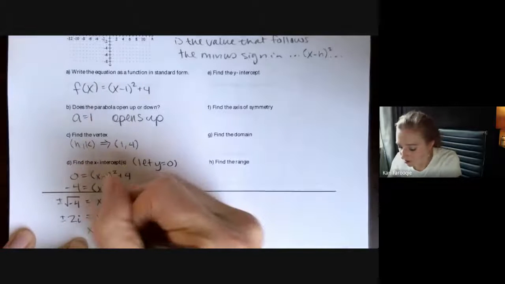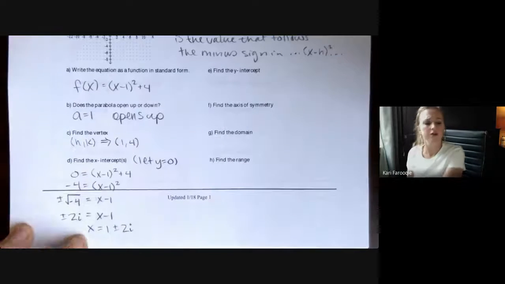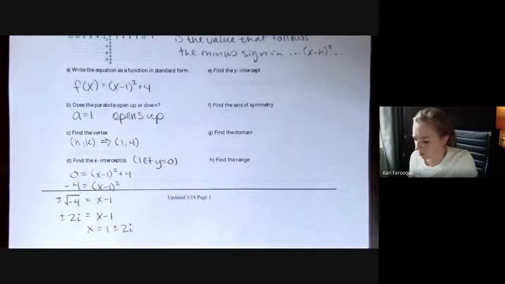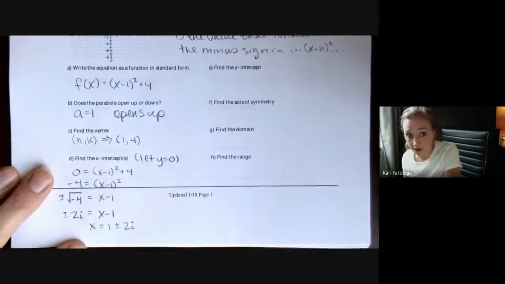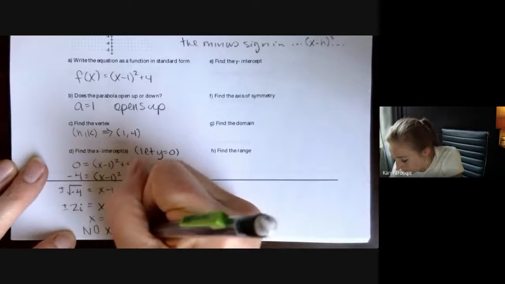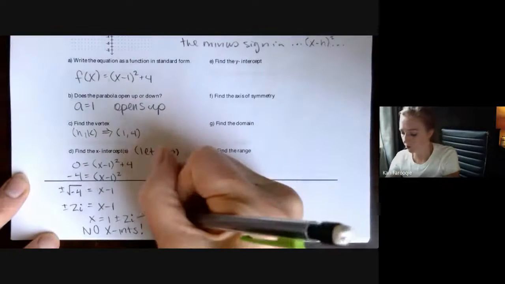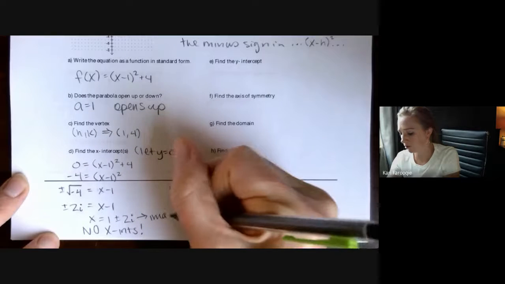However, this is not a point that you can say lies on your graph. If I asked you to find me an x-intercept and you said it exists at 1 plus or minus 2i, where would you graph it? It doesn't exist on your graph because it's an imaginary number. You can't graph it. So in this case, you would say that this graph has no x-intercepts, because these values are imaginary.